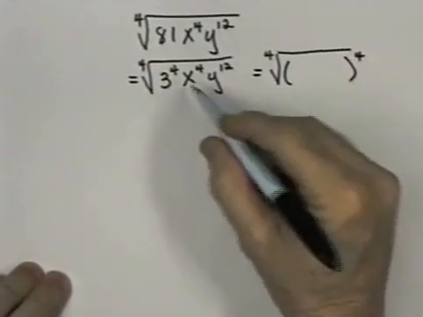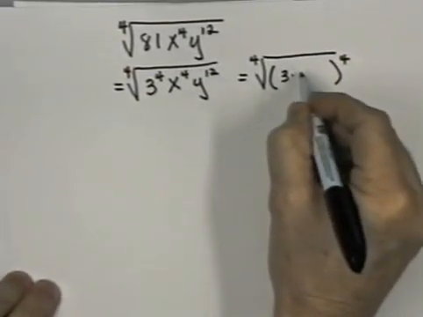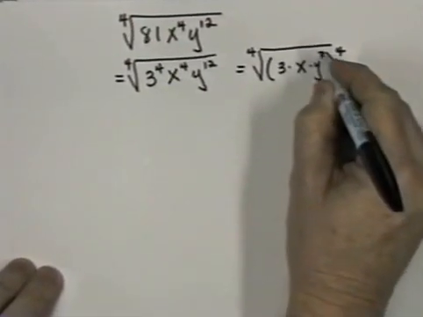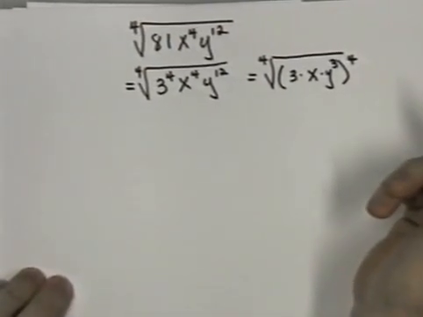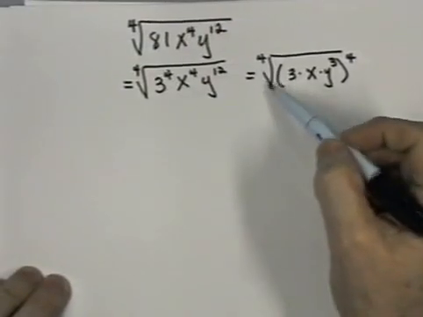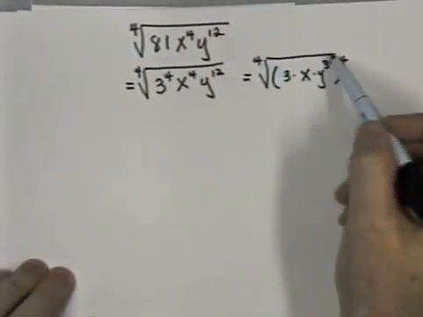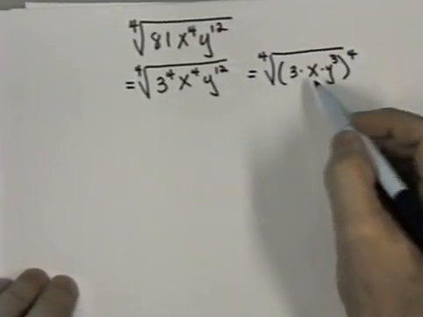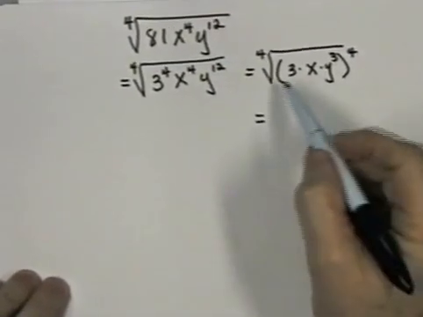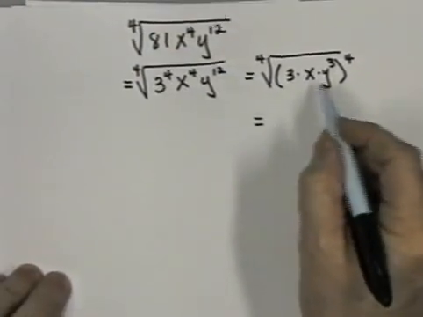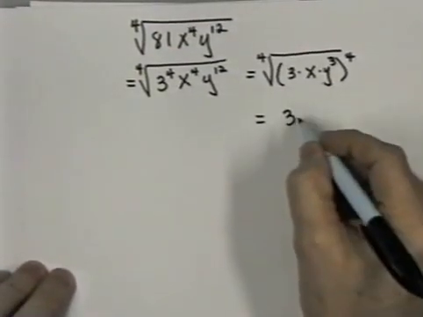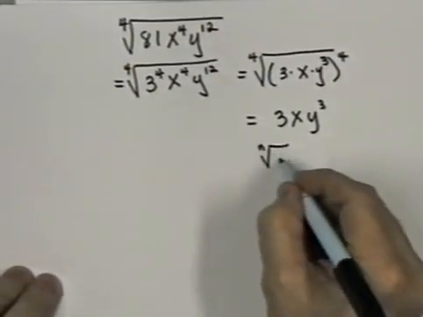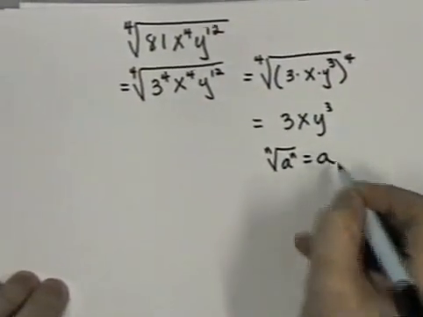This would be 3 times x times y cubed. And anytime you can write an nth root radical as a power to that nth power, then I know that radical is just the base that you're raising to a power there, 3xy cubed. In other words, the nth root of a to the n is a.